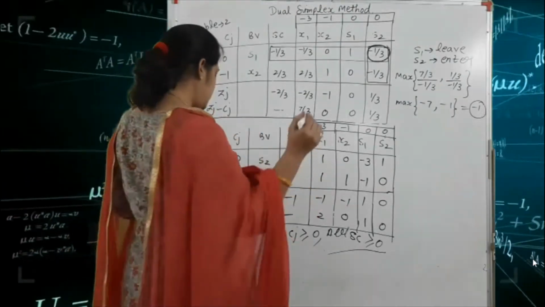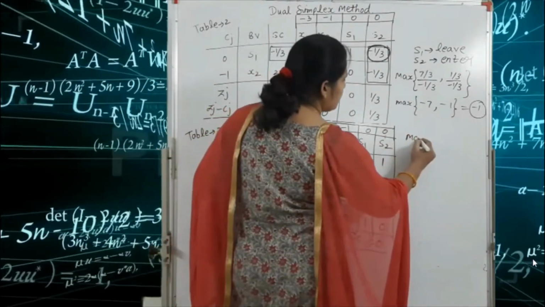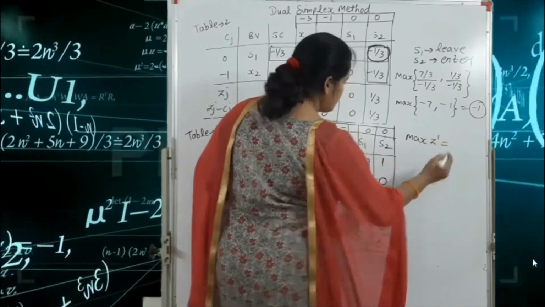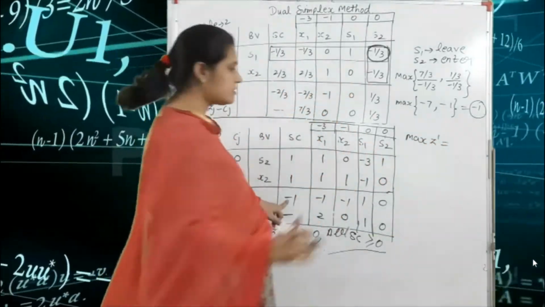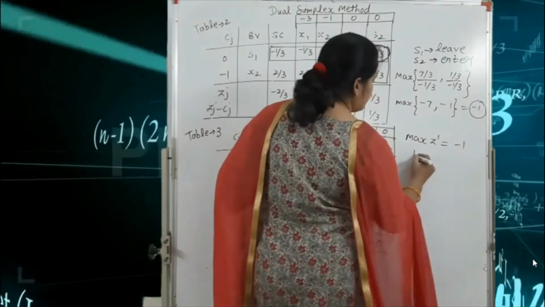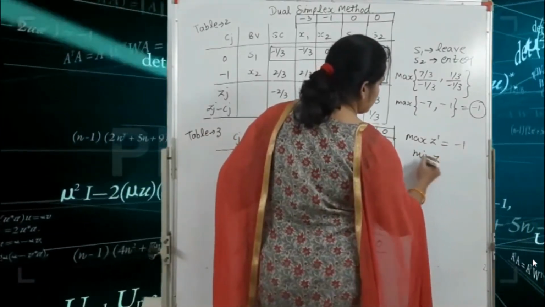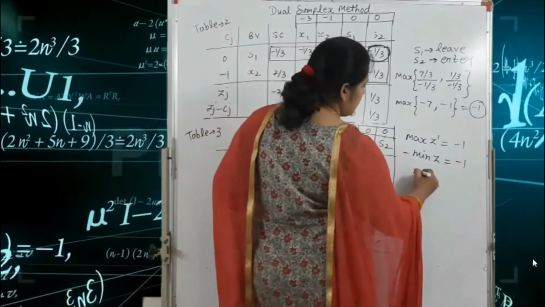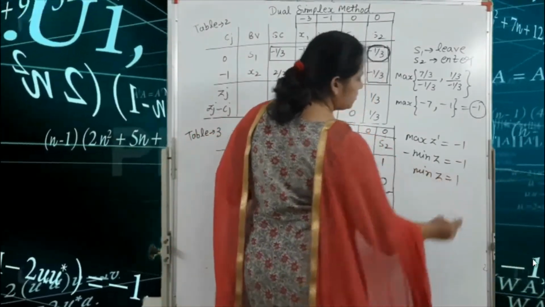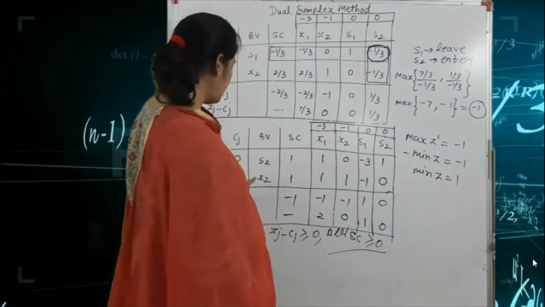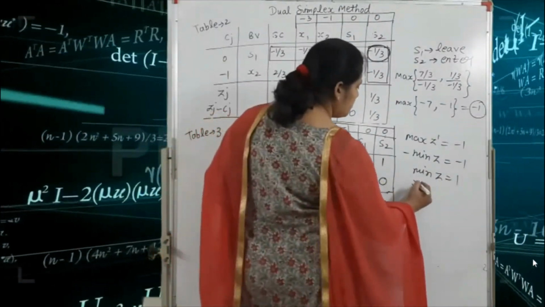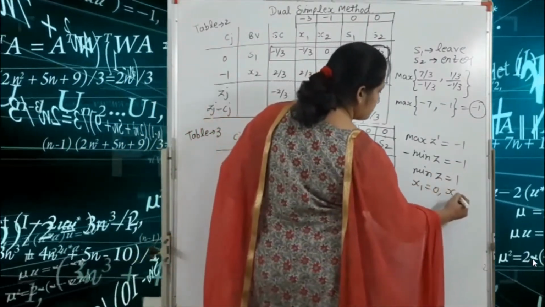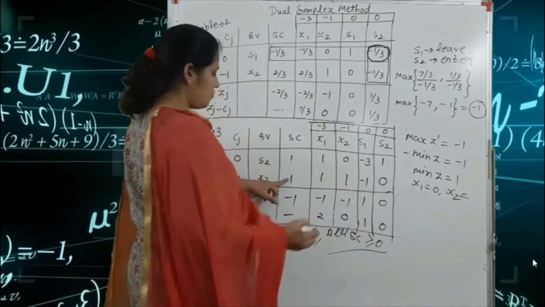So here maximize z dash is equal to what? Minus 1. That means minimize z is equal to 1 with the help of x1 is equal to 0 and x2 is equal to 1.